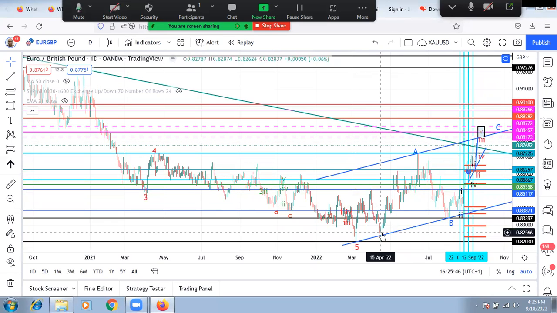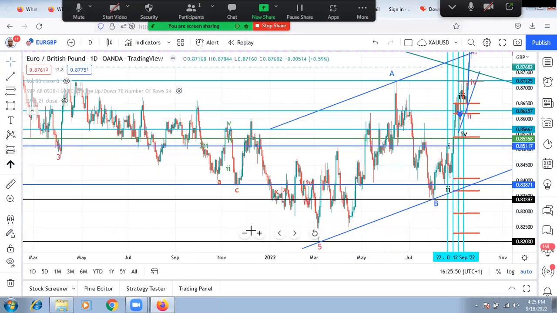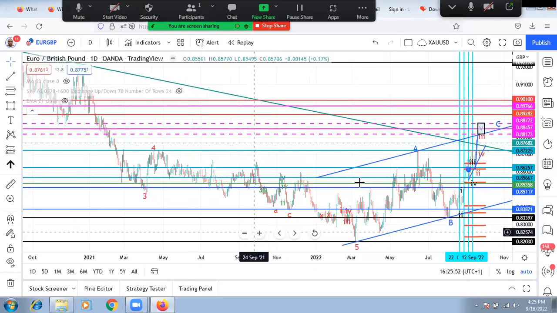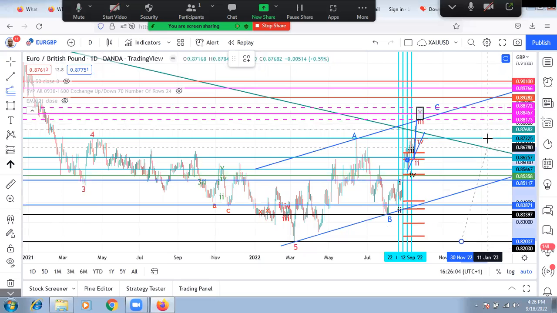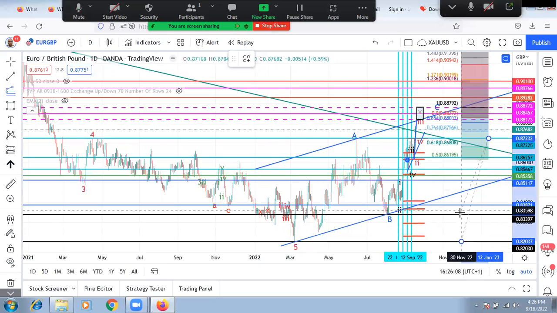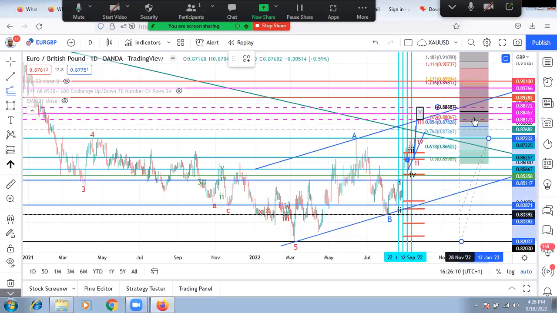I've told you that we expect a 100 extension, which is expected of a zigzag correction. So we start from here to the end of A, back to the end of B, to the beginning of C, and that 100 is going to fall around this blue zone. This is where 100 is going to fall.